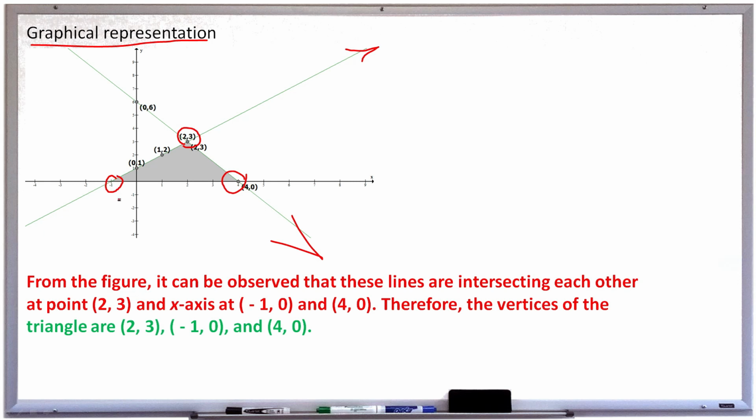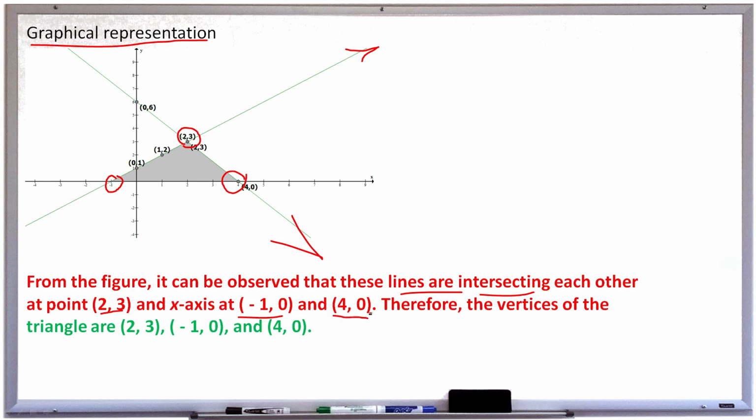Now minus 1, 0. From the figure it can be observed that these lines are intersecting each other at the point 2, 3, and the x-axis at minus 1, 0 and 4, 0.